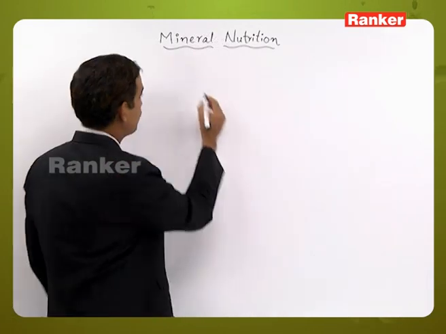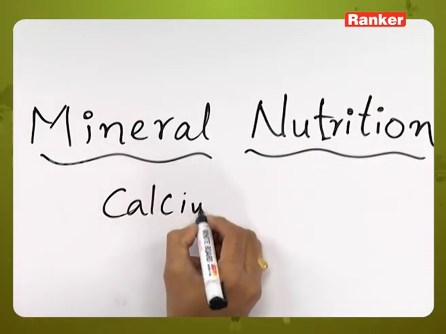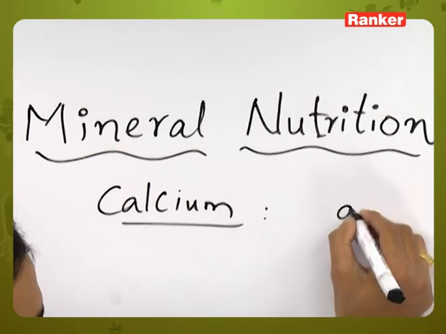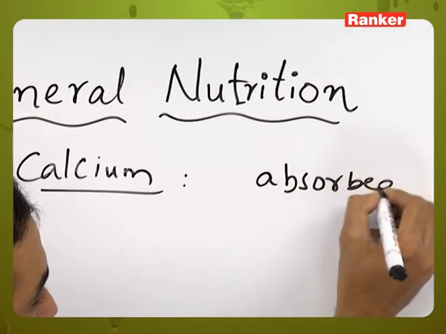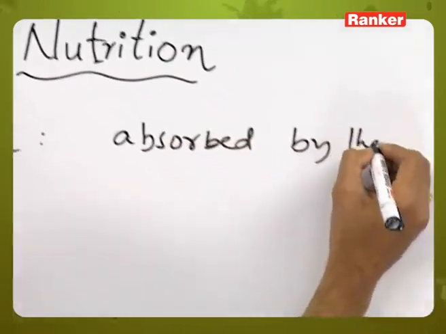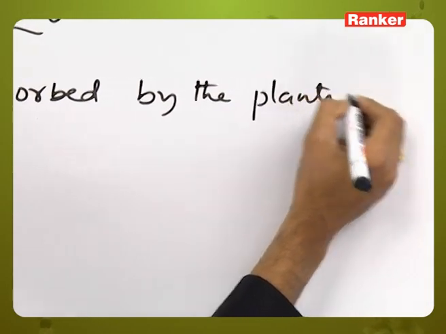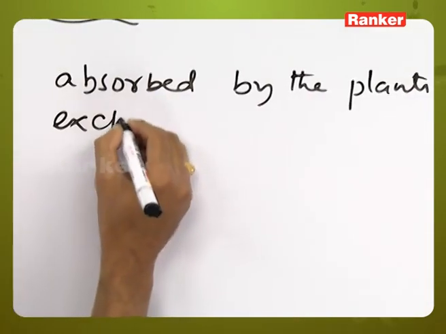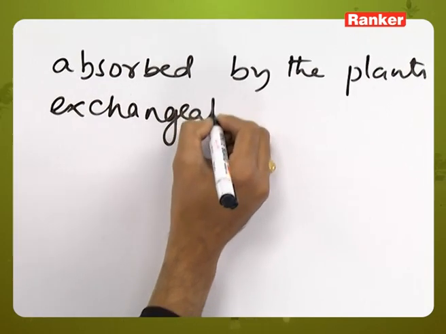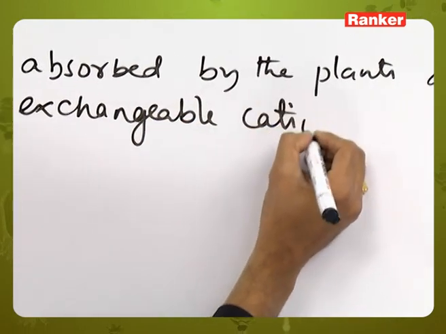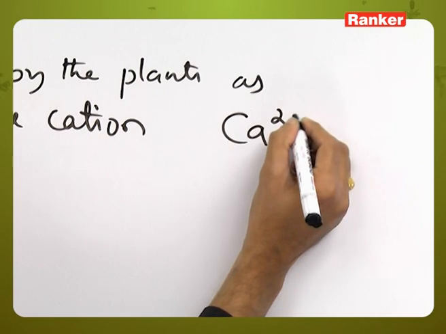Next element is calcium. Calcium is absorbed by the plants as an exchangeable cation, in the form of Ca+2.